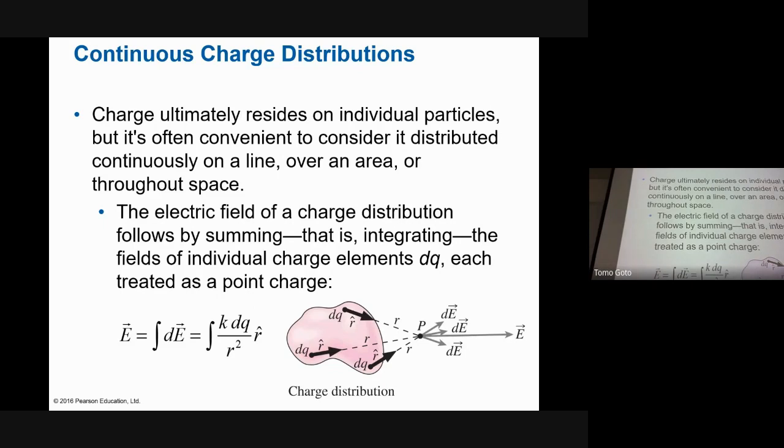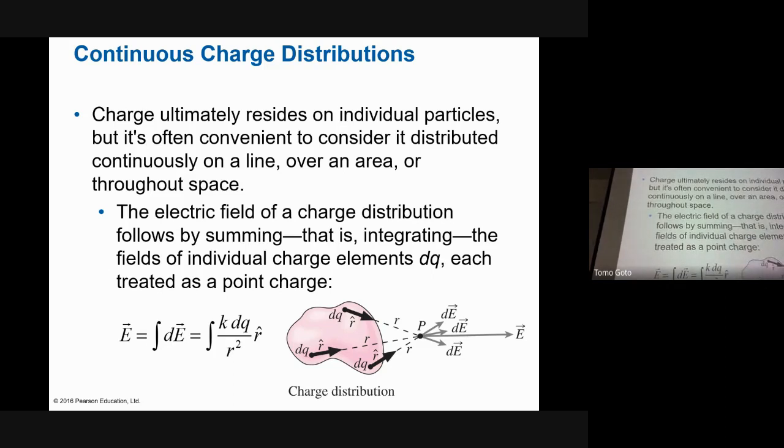Then what's the electric field here? Then we can just integrate, right? It's a very typical thing to do. For one or two things, the countable things, we just use summation, sigma. But if something is continuous, we just replace the summation with integration.